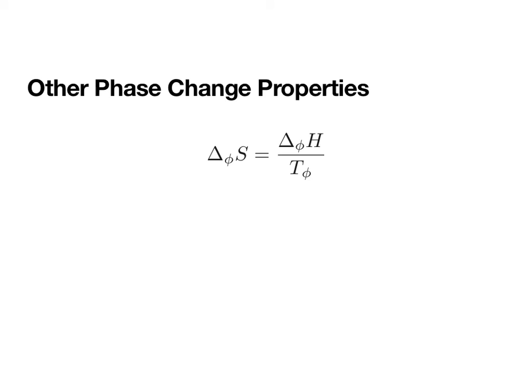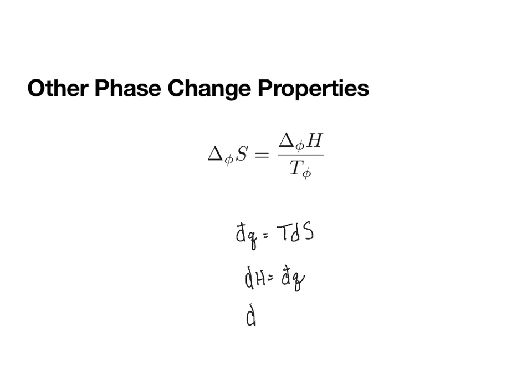Now, there's one more property, and your book walks through how we get this property, but I'm going to just give it to you, because it's pretty basic. Remember that we've said that dq is equal to TdS, and at constant pressure, that dH is equal to dq.